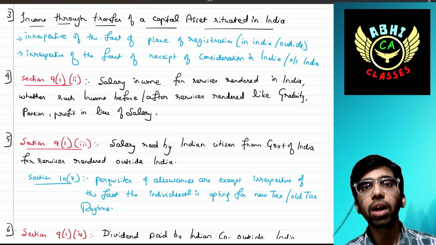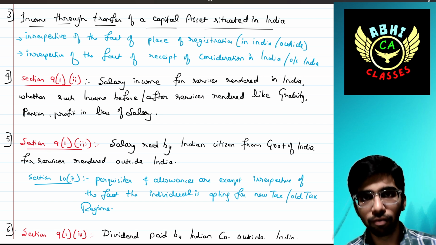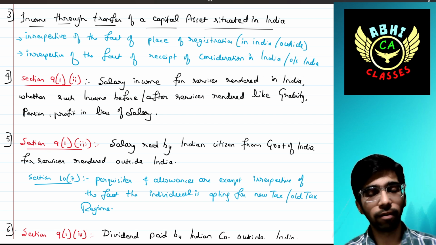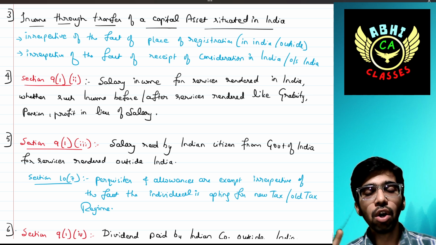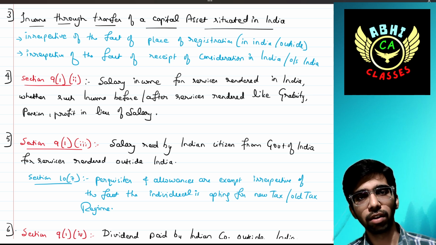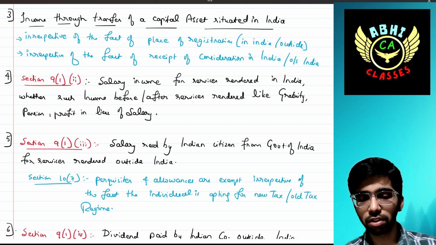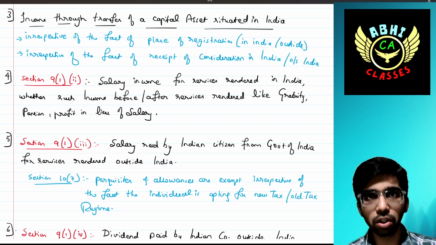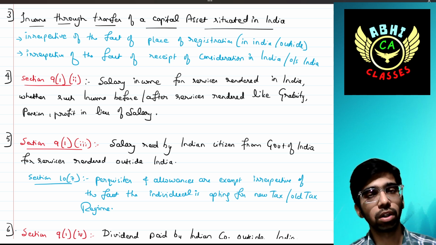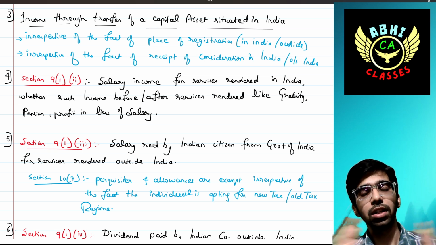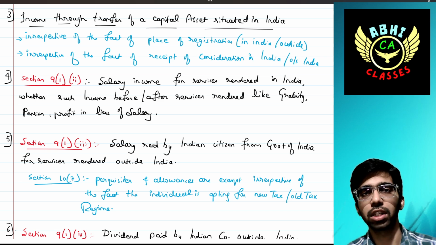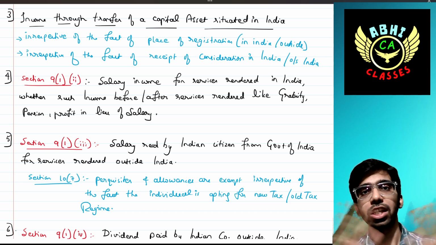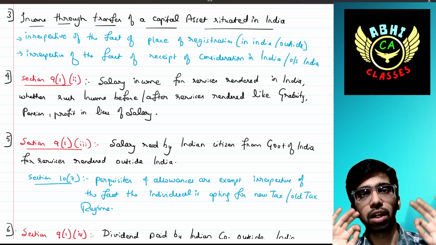Now, 9(1)(2): salary income for services rendered in India. For services rendered in India, whether such income is received before or after the services, like gratuity, pension, or profit in lieu of salary in India, salary received by some other person for services rendered in India will be treated as income of that person, irrespective of residential status, place of business, or domicile.